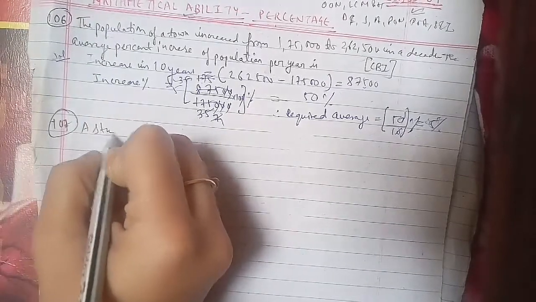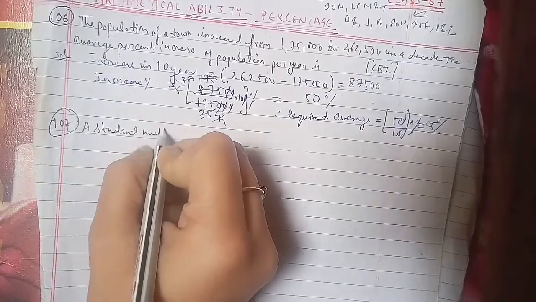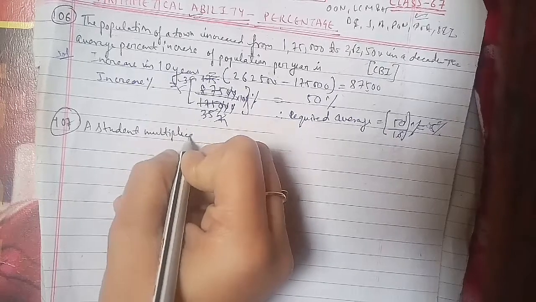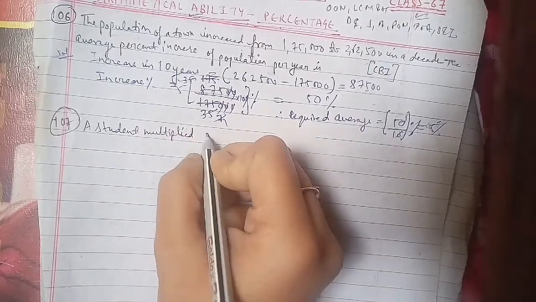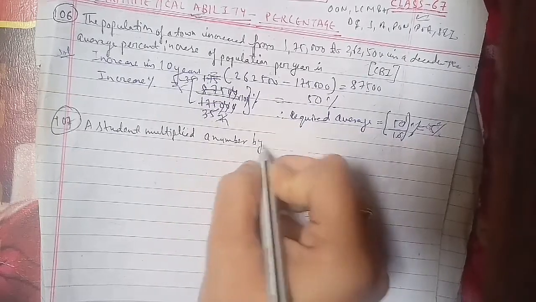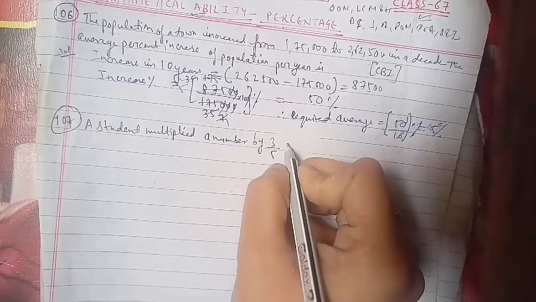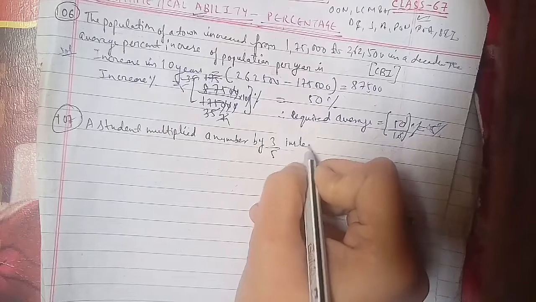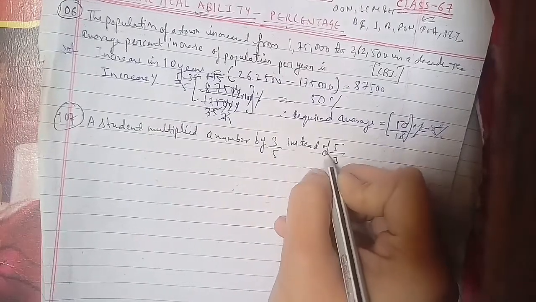A student multiplied a number by 3 by 5 instead of 5 by 3.